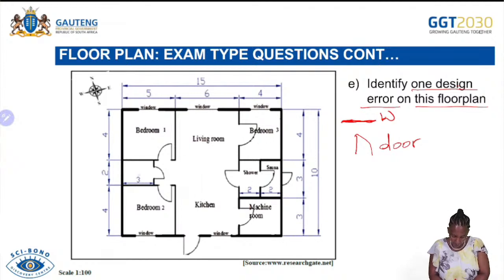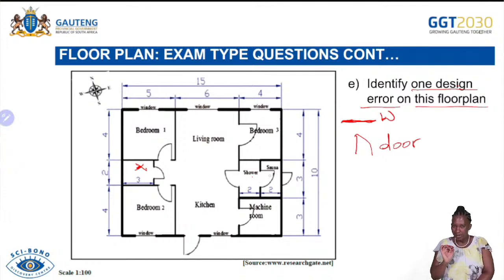And then we have this room here. We have this room. And then we have bedroom number 2, with a window. We have a room for the machine. And then we have another room here. It says it's a shower and a sauna room.